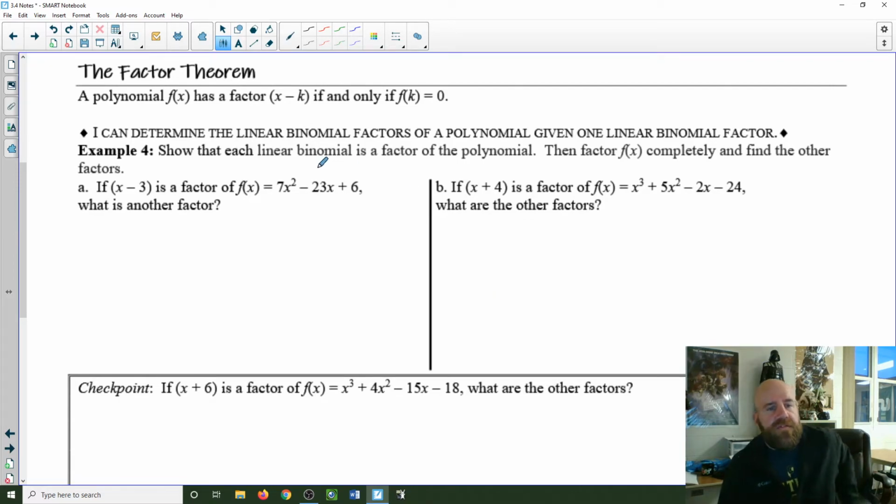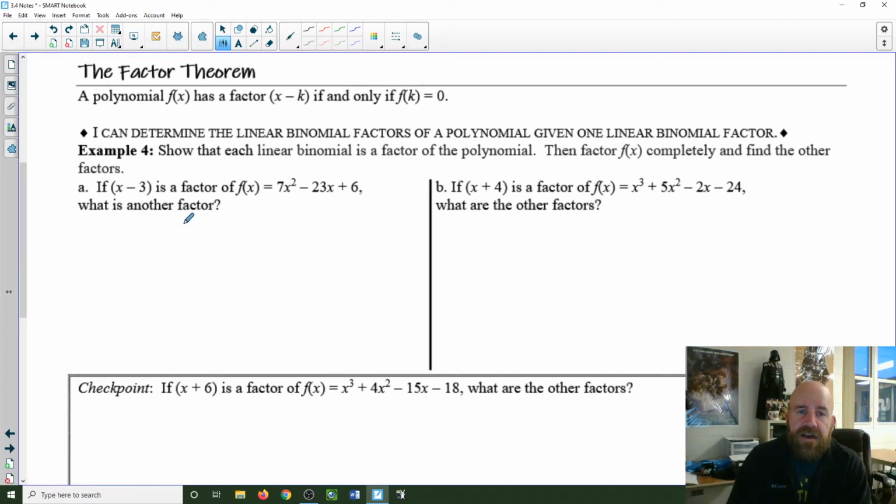Alright, so let's look a little deeper into something we talked about before. So factor theorem: if I divide a polynomial by some other polynomial and we end up with a 0 remainder, we've said that would prove that it is a factor of the polynomial.